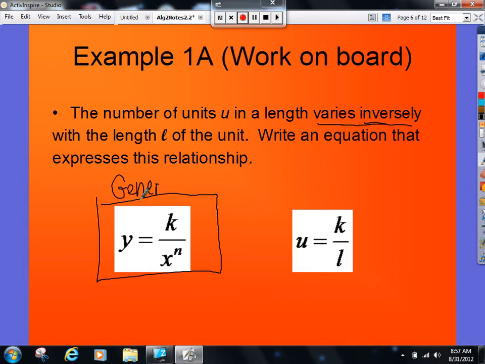After you've written that down, then you will fill in the variables that they give you. u varies inversely, so u is on this side because u is going to be the dependent, the equivalent to y, and L is your independent. There is no exponent in this example because it doesn't say the square of L, it just says the length L.